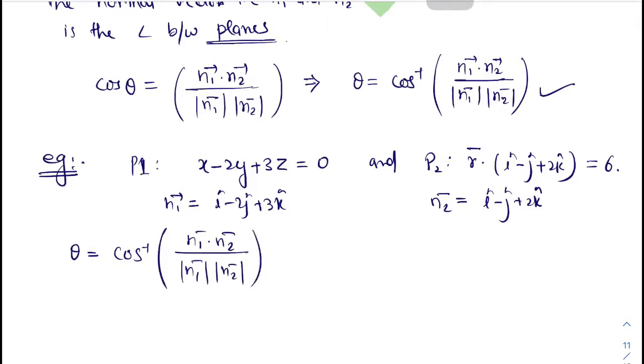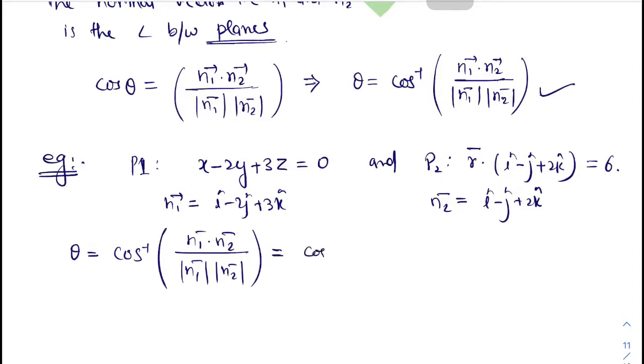Okay, I hope you remember how to calculate the angle between any two vectors. n1 and n2 are vectors only. By using the dot product we find the angle between two planes.